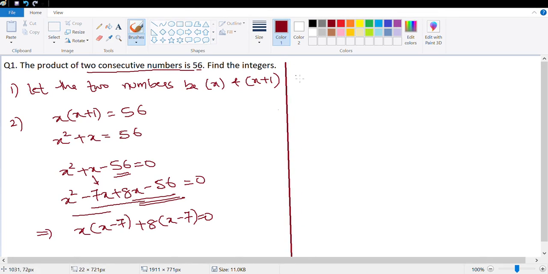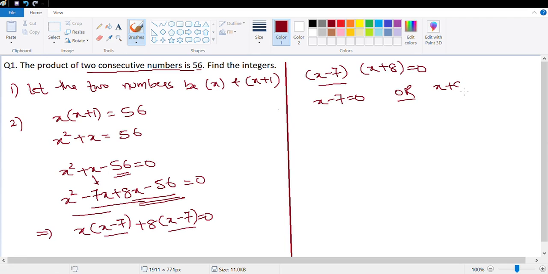What is common between these two terms is now x minus 7. So x minus 7 times x plus 8 is equal to 0, which means either x minus 7 is equal to 0 or x plus 8 is equal to 0, because if the product of two numbers is 0, then either of them has to be 0. Which means x is equal to 7 or x is equal to negative 8.